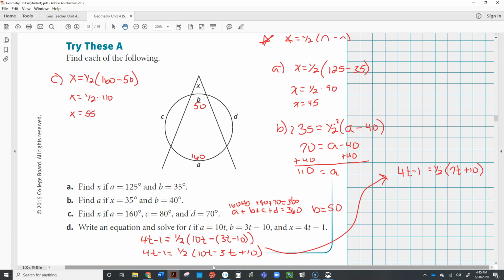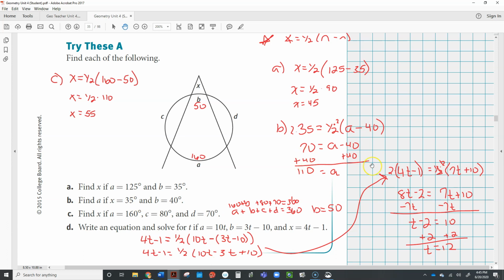I'm going to get rid of the 1/2 by multiplying both sides by 2. Be careful and don't forget to distribute the 2. That cancels out. And I'm going to finish solving this Algebra 1 problem. And I get t is equal to 12.